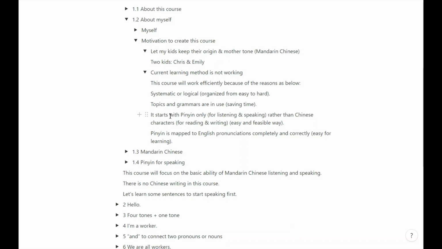This course will start with Pinyin only for listening and speaking rather than Chinese characters for reading and writing. So this is also from easy to hard. So this is a feasible way. Pinyin is mapped to English pronunciation completely and correctly, so it will be easy for learning.